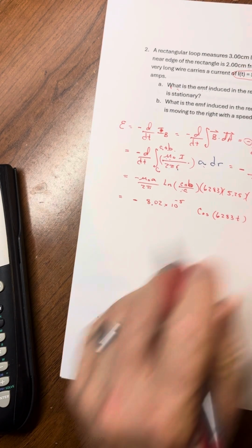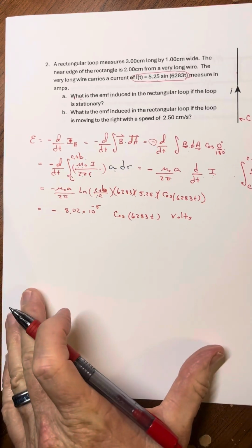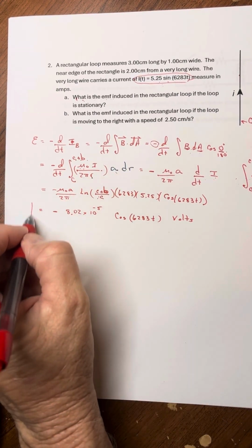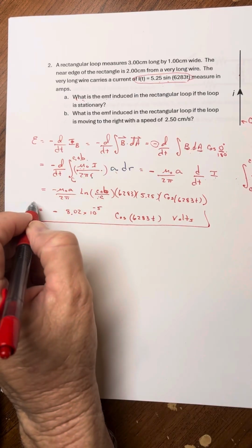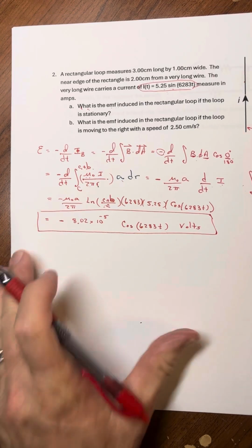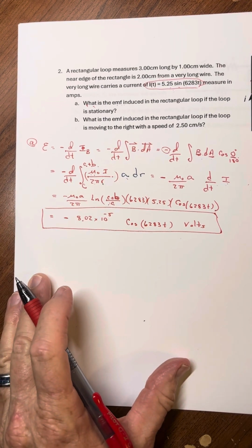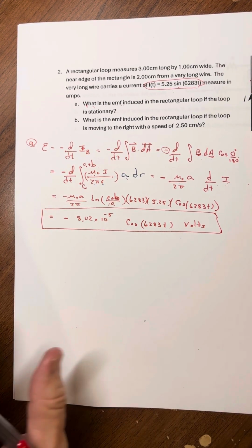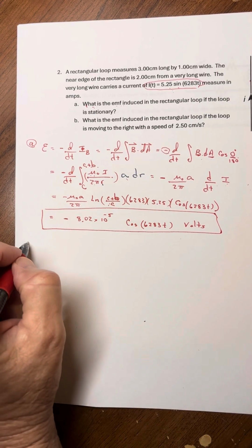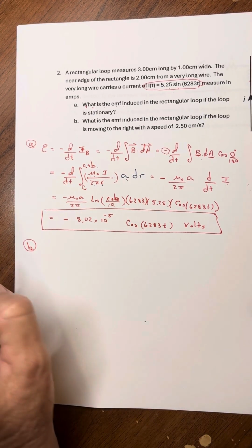So I guess I should put my units there, volts, and say, all right, so here is the EMF for part A, and ones that we did problems like in class. And so that one's not a surprise.